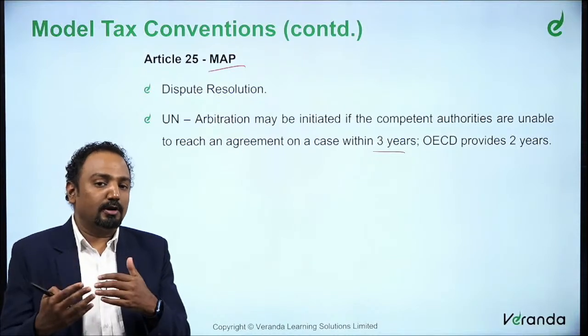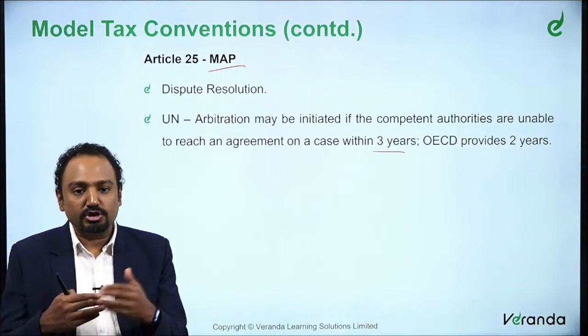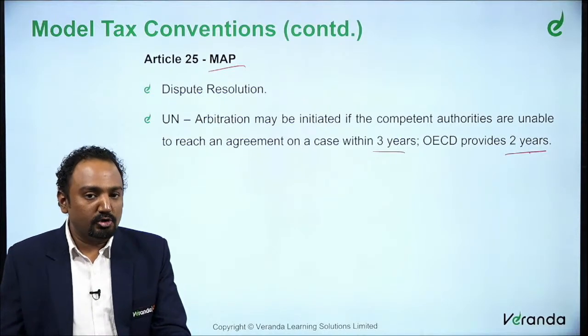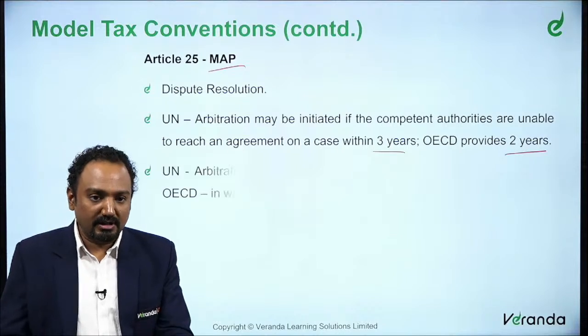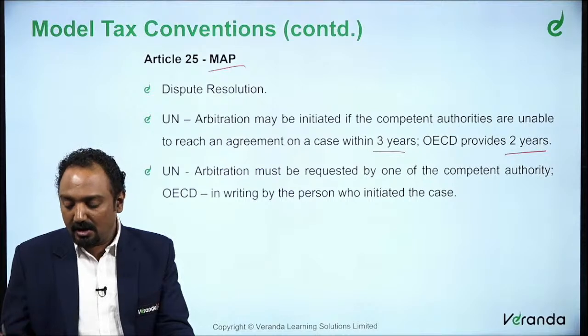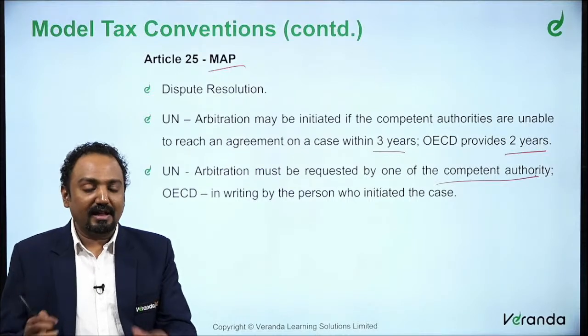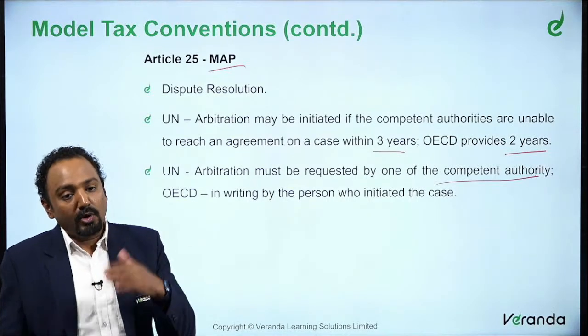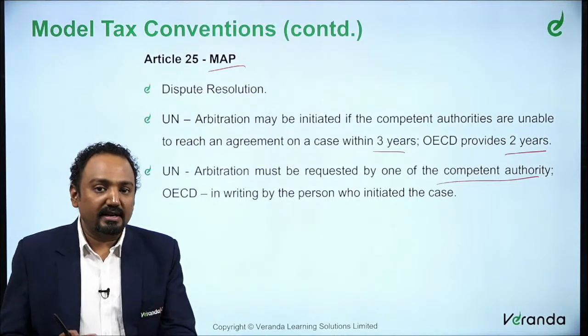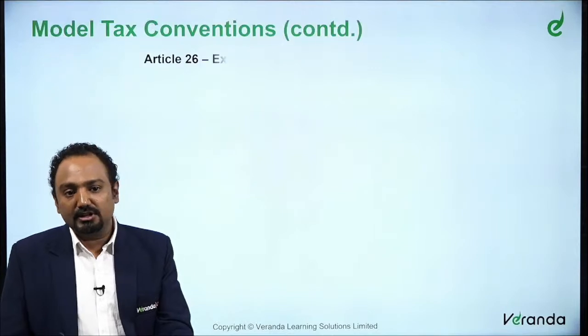Let us take it up to the court, arbitrate, negotiate and then decide. The OECD says if you are not able to complete it within 2 years, you can go for arbitration. The United Nations says arbitration must be requested by either of the countries. But the OECD says whoever started this MAP only has to write and request for the particular dispute. So that is Article 25.